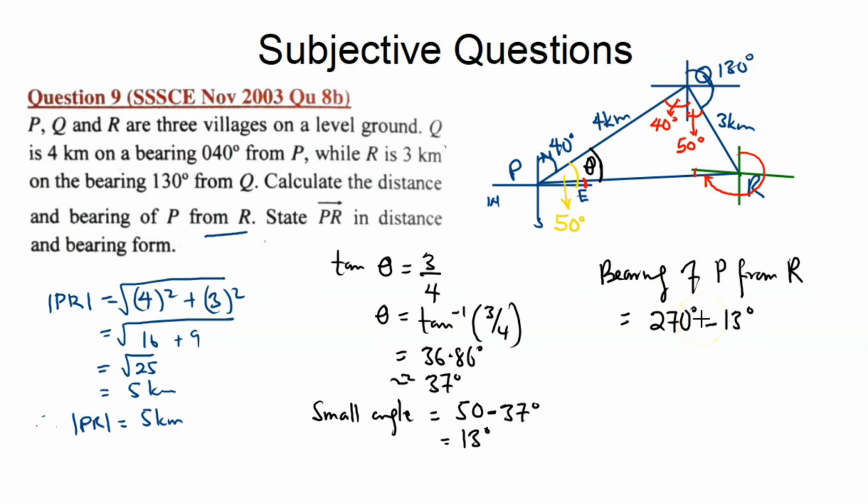So 270 degrees minus 13 degrees gives us an answer of 257 degrees. Remember, they asked us to state the vector PR in a distance bearing form. The vector PR in a distance bearing form.